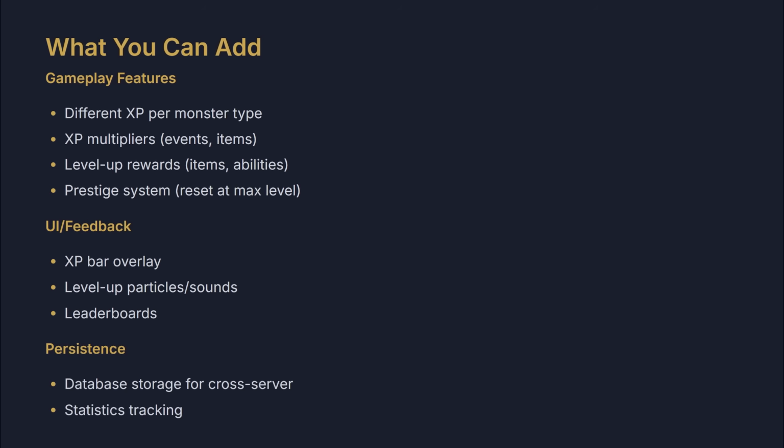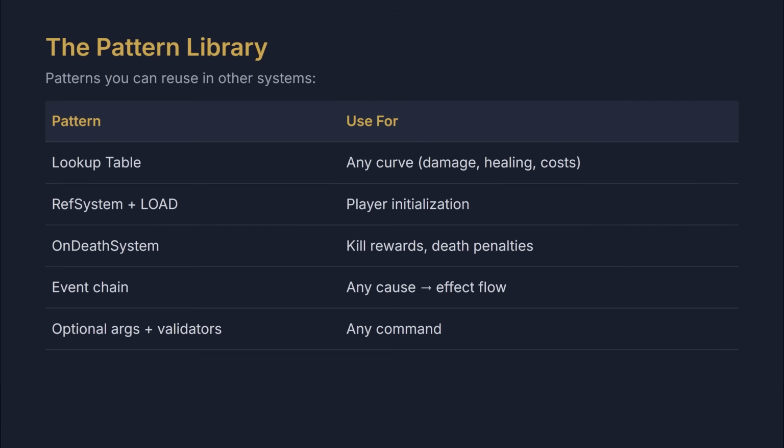Or we could use database storage for cross-server persistence and could use statistics tracking. So you can use those patterns we have implemented in any different kind of systems, like the lookup table or the player initialization for a welcome system or the event chaining, any cause and effect flow, and so on.